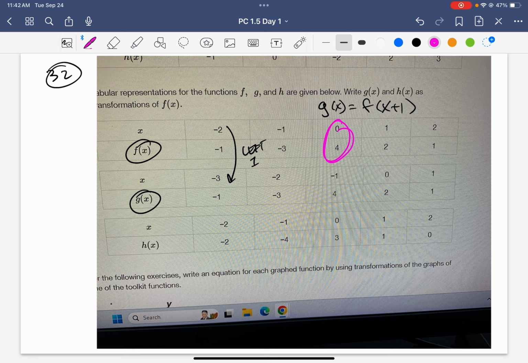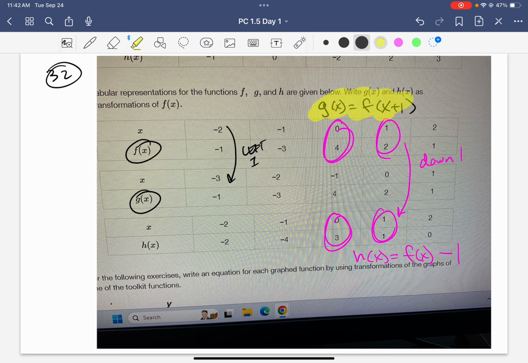Here I went from 0, 4 to 0, 3. I went from 1, 2 to 1, 1. So it seems like when we go from here to here, we are moving down 1. So I think h of x is going to be all your old outputs minus 1. So we've moved to the left and we've moved down.